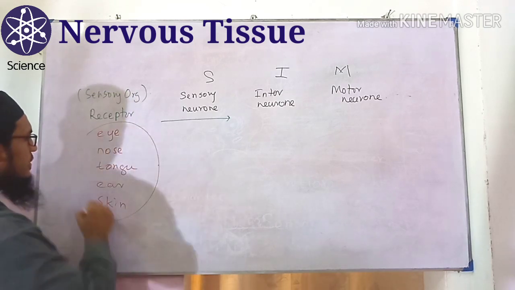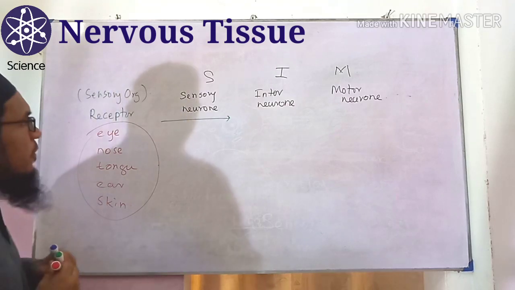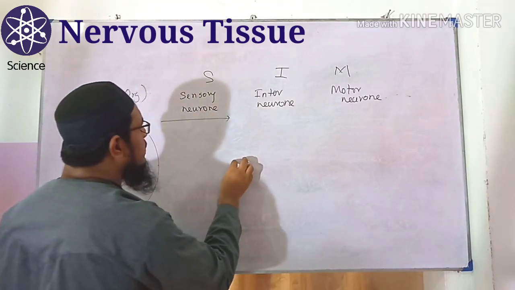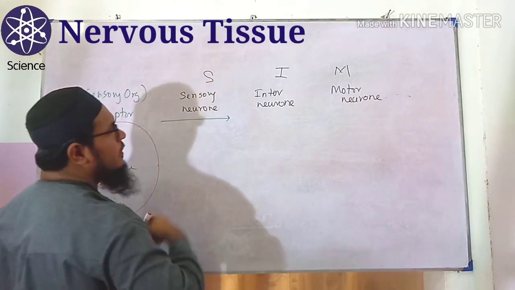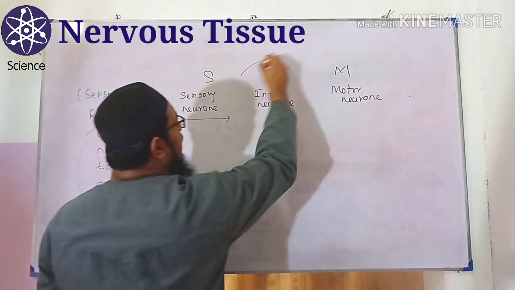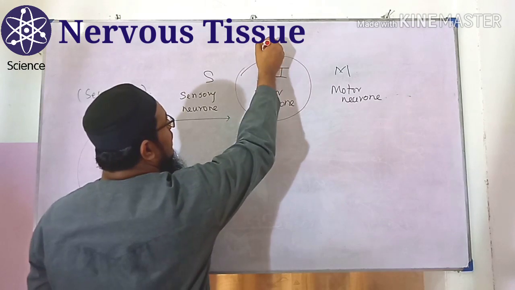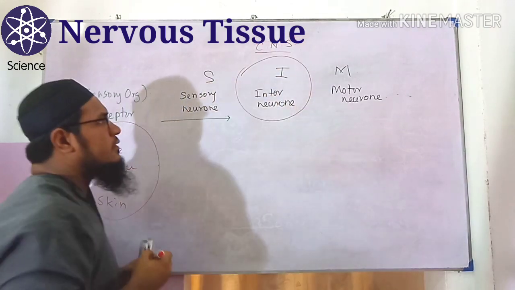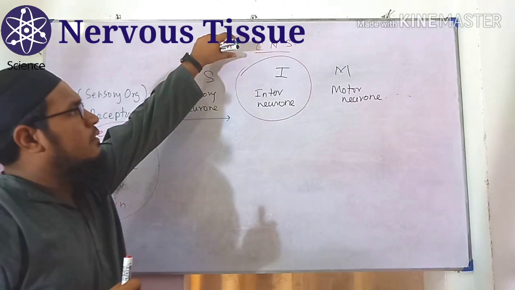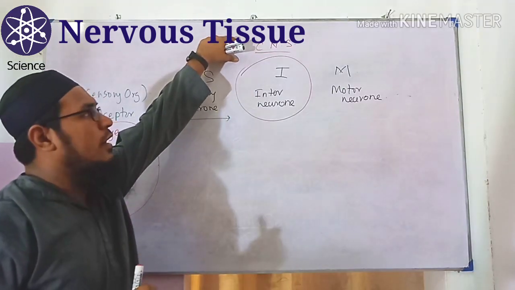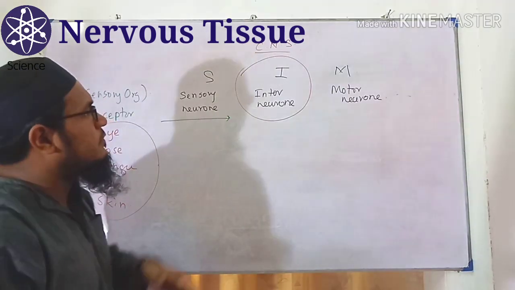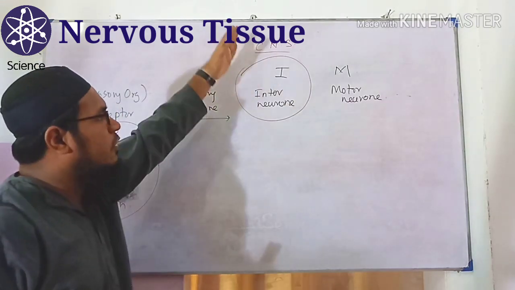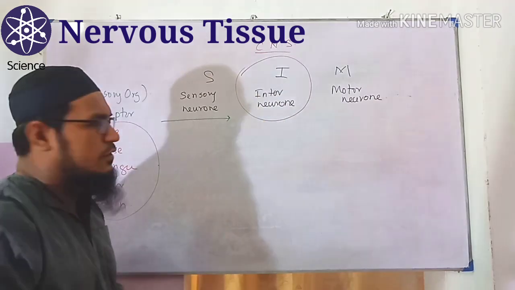These are the sensory organs. From the sensory organs, the sensory neuron transmits the impulse to the interneuron. Interneuron is present in the central nervous system, CNS. We will be learning this deeply under the nervous system, under biological systems. So the central nervous system, our brain and the spinal cord, within that the interneuron is present.